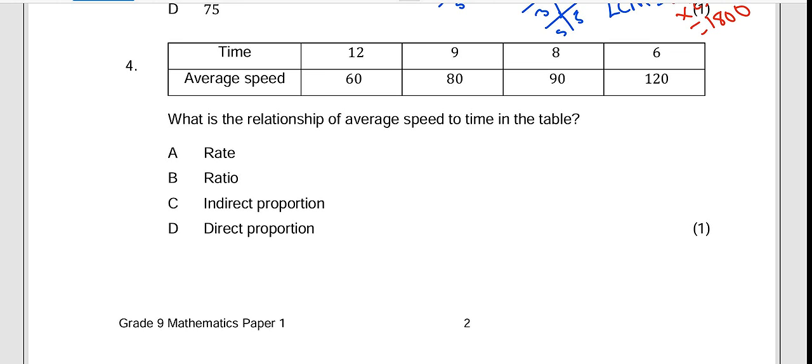No. Indirect proportion? Yes. Why are we saying it's an indirect proportion, guys? Because check the time here. The time is decreasing, and the speed is increasing. This means that the relationship is indirect, because as time decreases, the average speed increases, with the distance remaining constant.